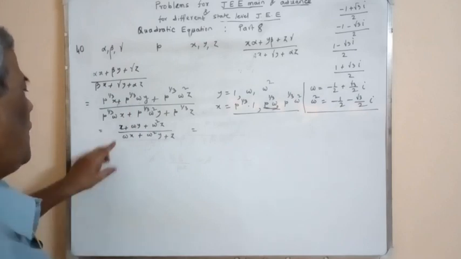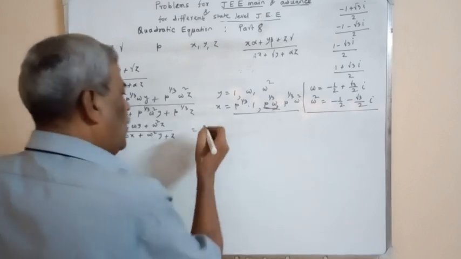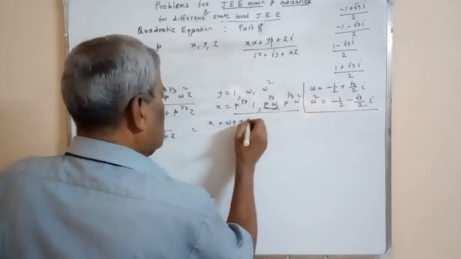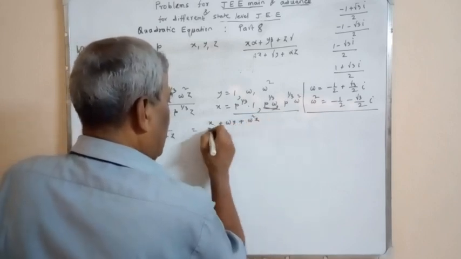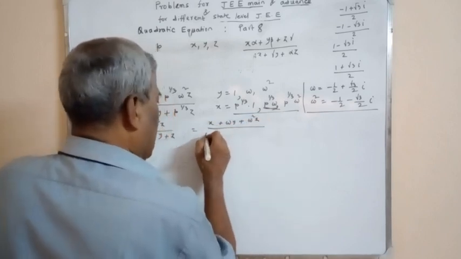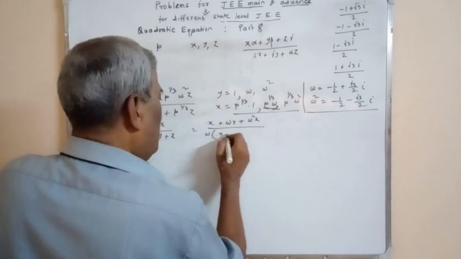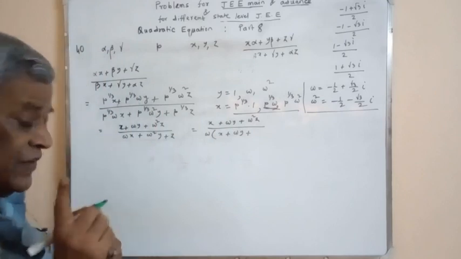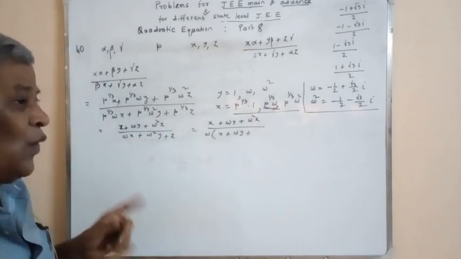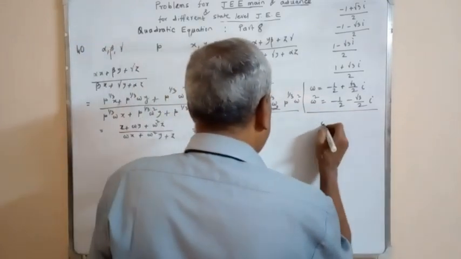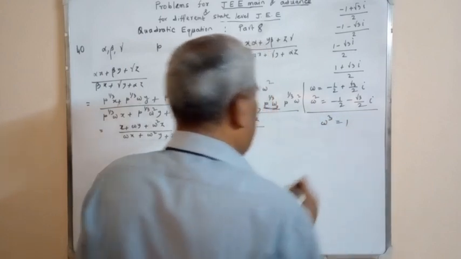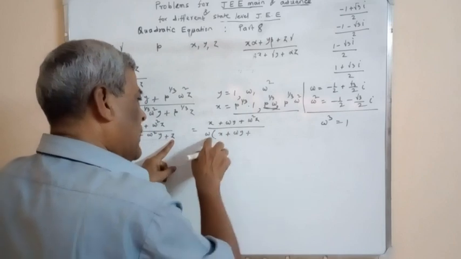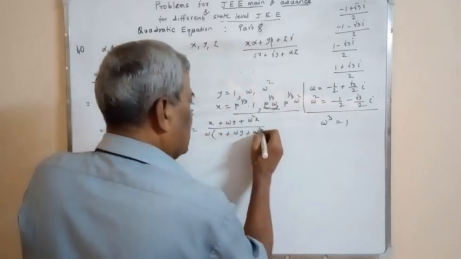Now from denominator take omega common, so x plus omega y plus omega square z, and z is simply 1 into z, 1 means omega cube z, because omega cube is equal to 1, so that it is omega cube, omega is taken common, so omega square z.